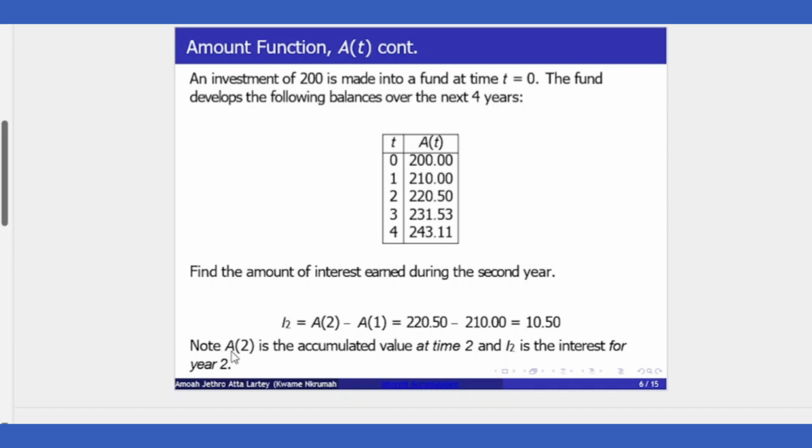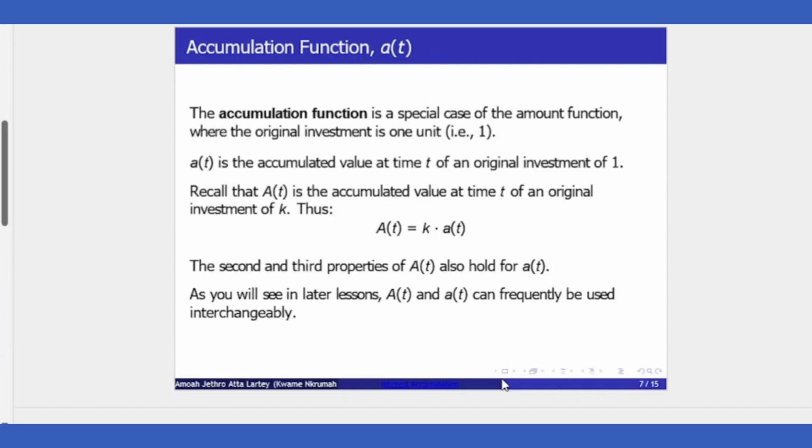So you have to note that A of 2 is the accumulated value at time 2, and I of 2 is the interest for year 2, as I said.